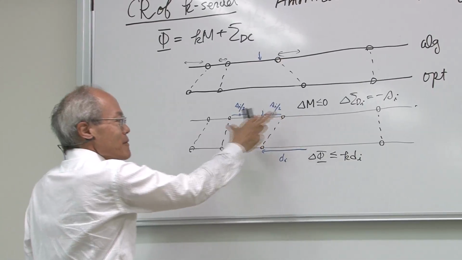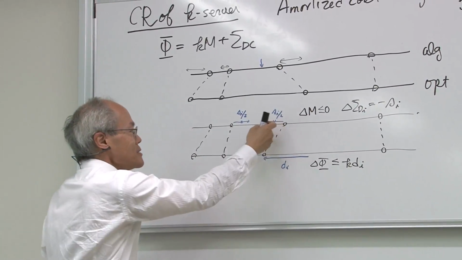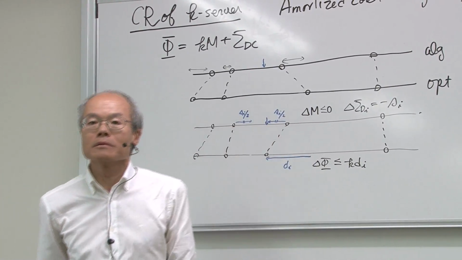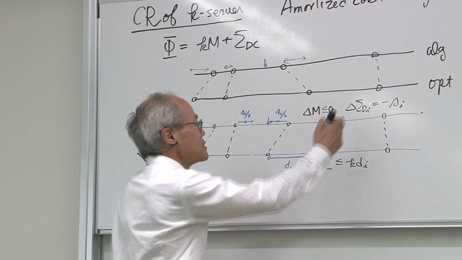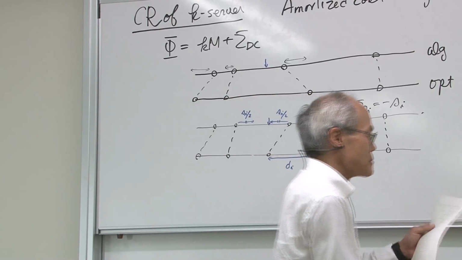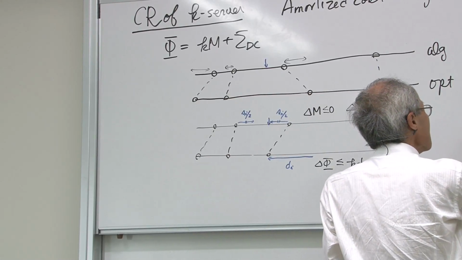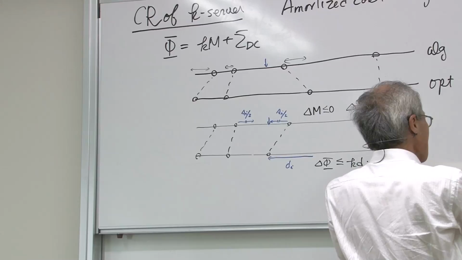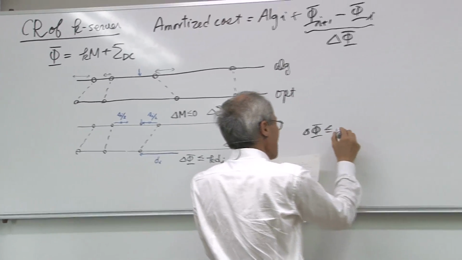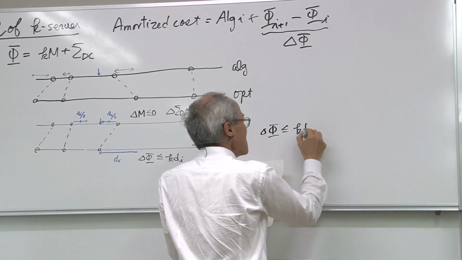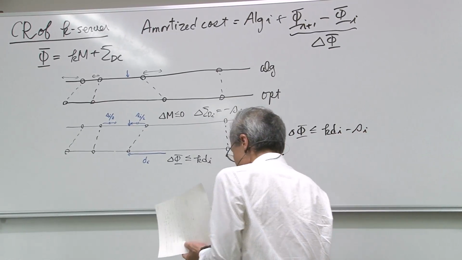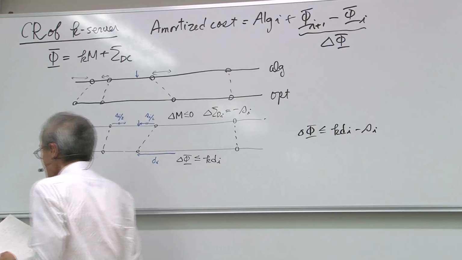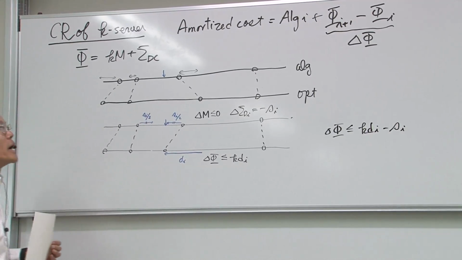For other pairs, this move and this move all cancel out. So exactly this value. That's why delta psi is at most k d_i minus d_i.